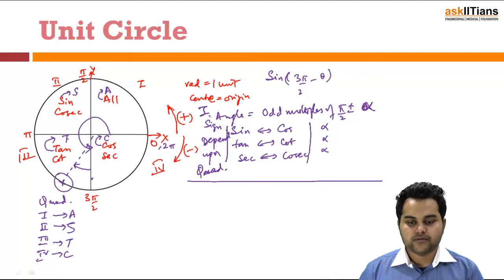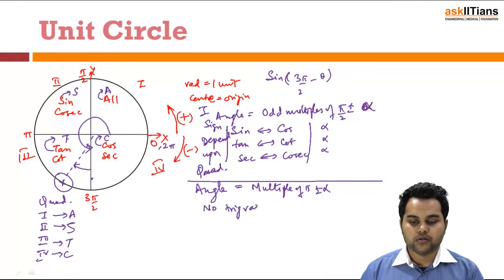Another rule that I have, if the angle is of the form multiples of pi plus minus alpha, no trigonometric ratio is changed. In terms of angle, it will be just alpha in all the three cases, and the sign again would have to be decided by the quadrants.